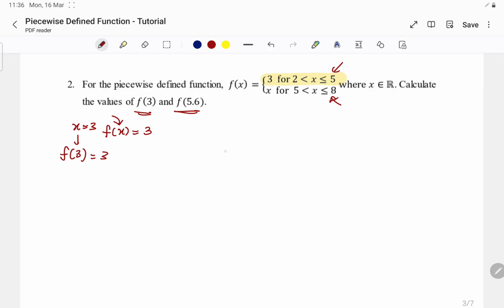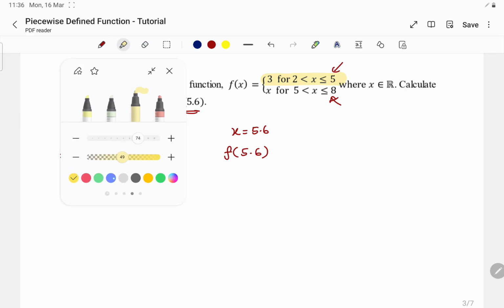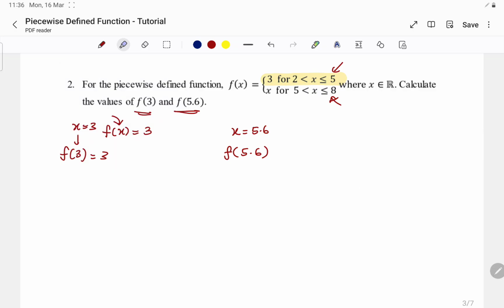Now the next one we have is f(5.6). Our x is equal to 5.6, so you have to find which one is the function for when x is equal to 5.6. If you check here, we have 5 < x ≤ 8, so your function is x.